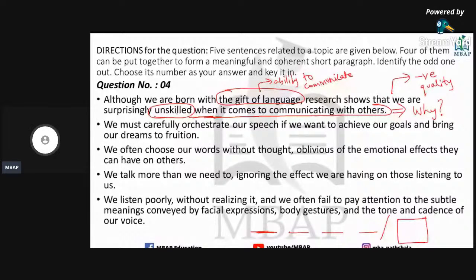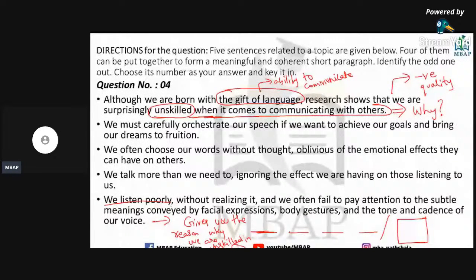So if you just scan through the sentences, you realize that sentence 5 gives you the reason why we are unskilled. Yes or no, guys? See, the reason is that we listen poorly.